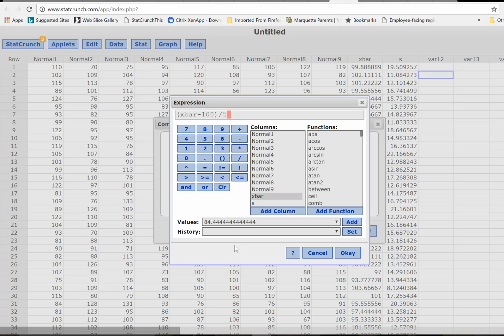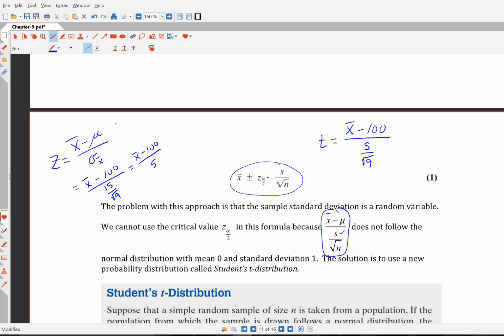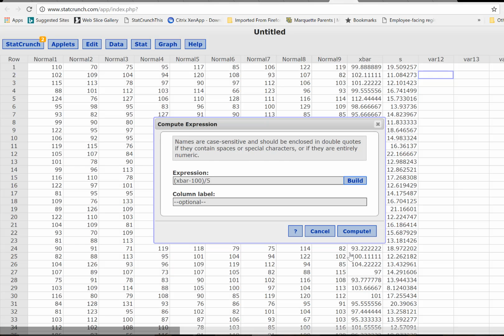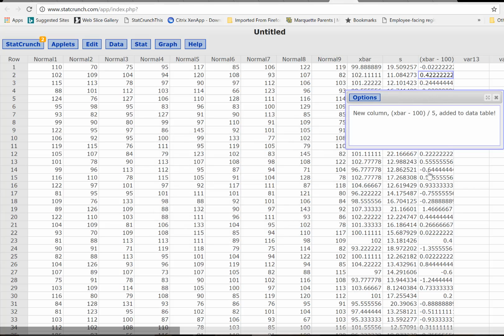That was what Z was. X bar minus 100 divided by 5. Click OK, click compute, and these are all the Z values. So I'm just going to put Z in place of what's there right now.